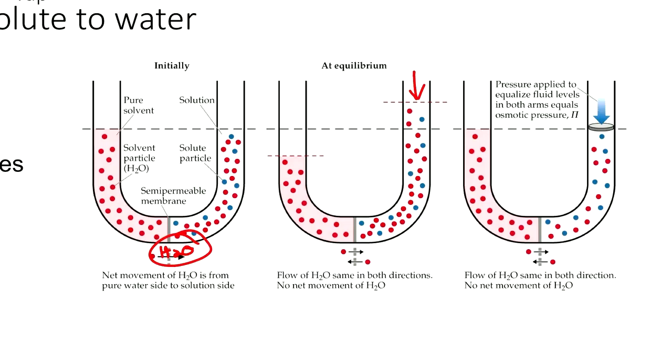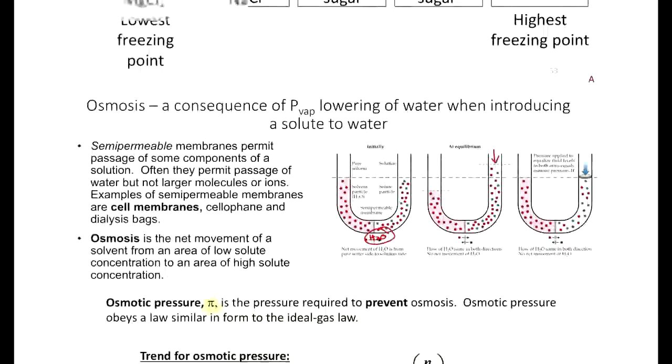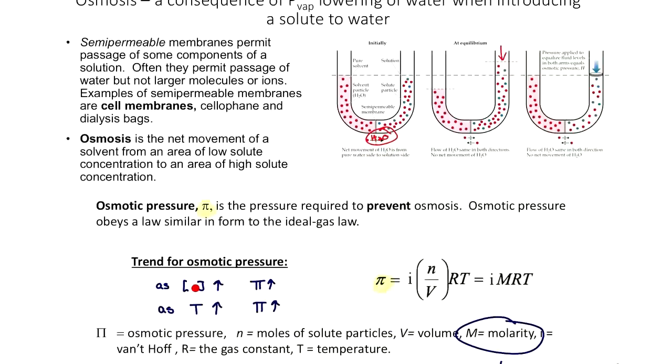The trend is that the higher the concentration of stuff you have, salt, sugar, whatever, the higher the osmotic pressure for that solution. The more force you have to push on that solution to keep water from penetrating in and diffusing to dilute that other side of the semi-permeable membrane.